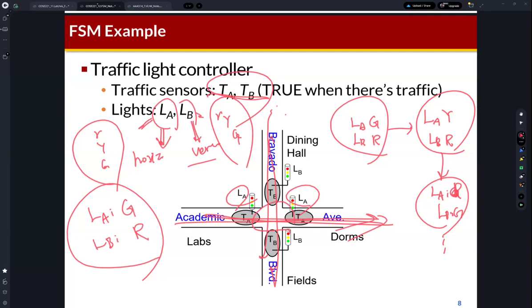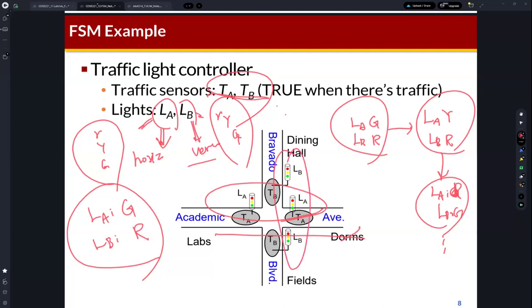So we need to define the traffic signals. As I mentioned, in the United States, the traffic signal normally does not include a left turn signal. So we can define the traffic light for the horizontal road, and then the traffic light for the vertical road, right?